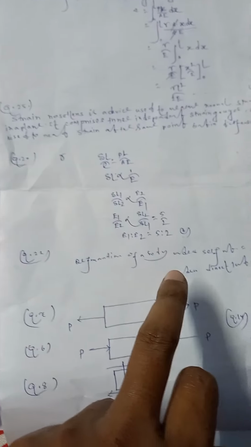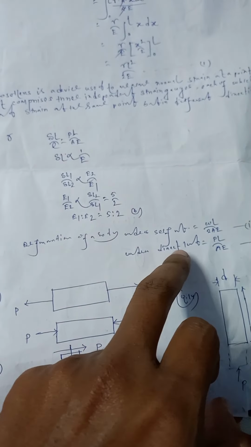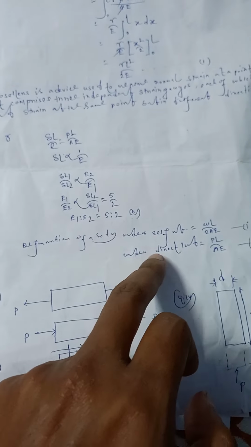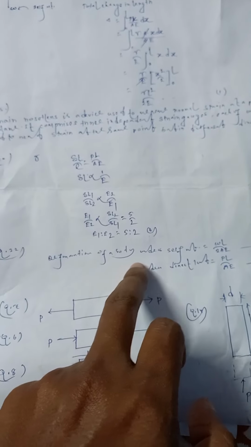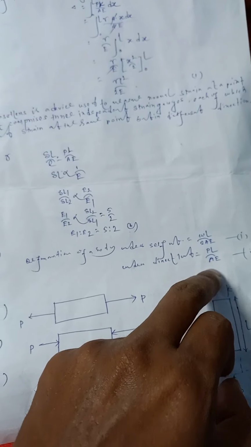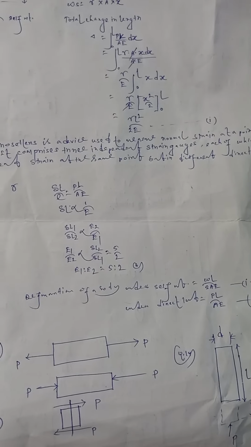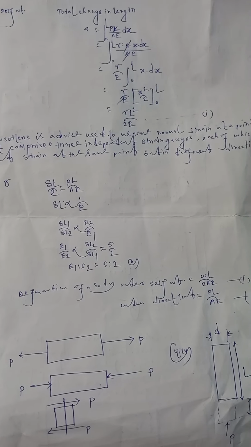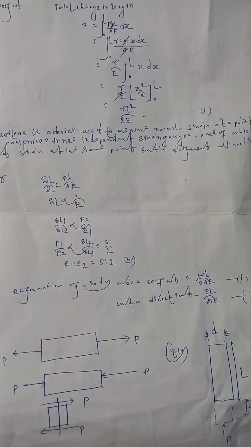But if the body is subjected to an external force, a direct load, suppose P, then under the direct load the deformation of a body will be PL by AE, where P is the external force, L is the length of the material, A is the area of the material, and E is the Young modulus of the material.